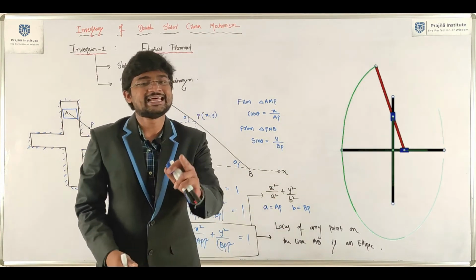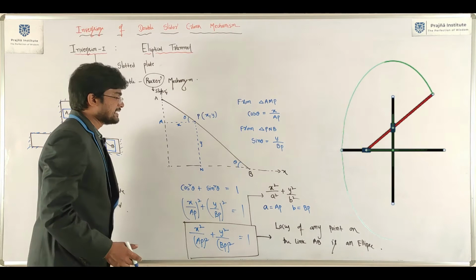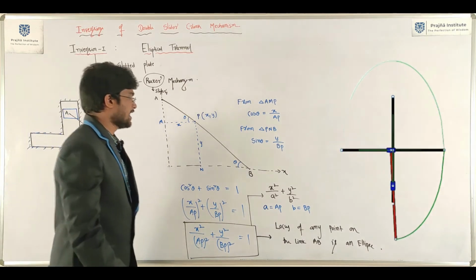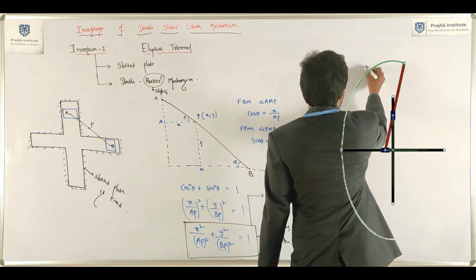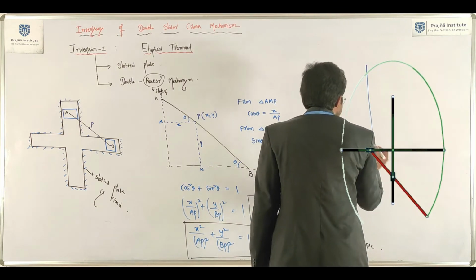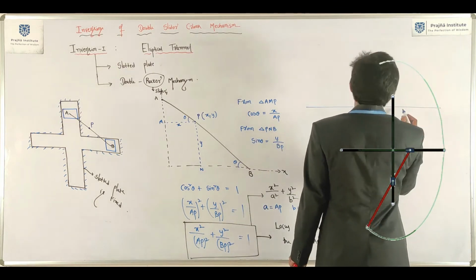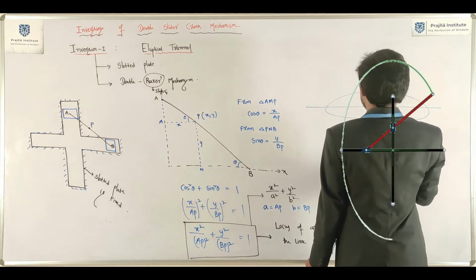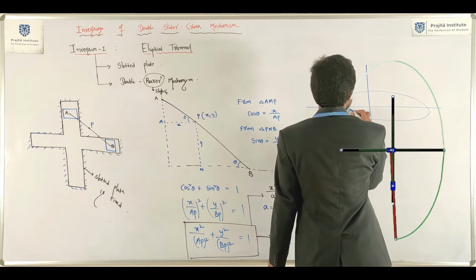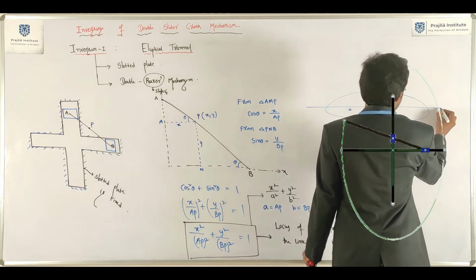B is the length of the semi-minor axis. So what is the equation of this particular thing? Tell me. So from here to here it is A, and this is B.